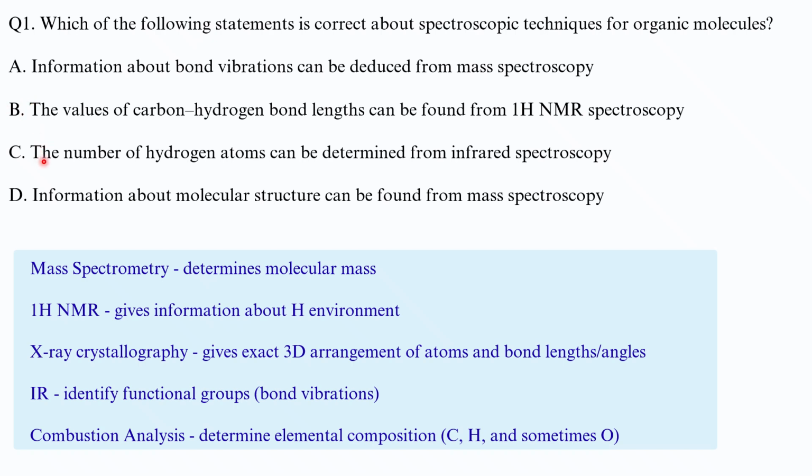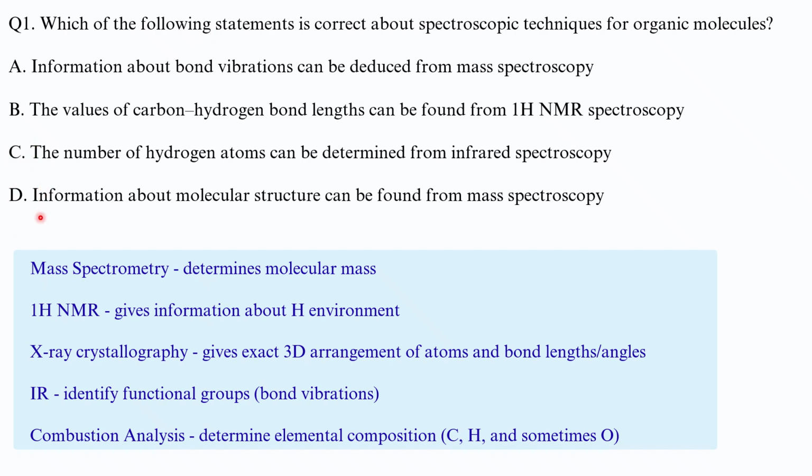Now the next one is, the number of hydrogen atoms can be determined from infrared spectroscopy. So well, we use infrared spectroscopy in order to determine the functional groups, not the number of hydrogen atoms. Instead, we use combustion analysis to determine the number of carbon, hydrogen, and sometimes oxygen atoms. So this means statement C is also incorrect.